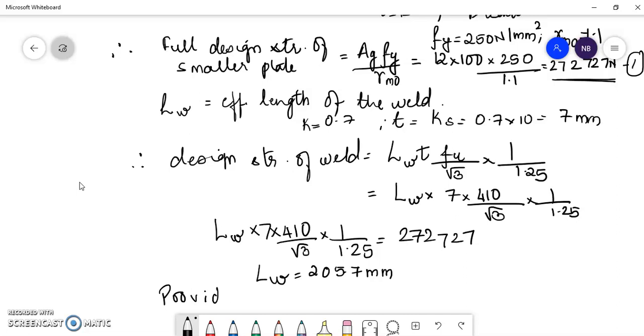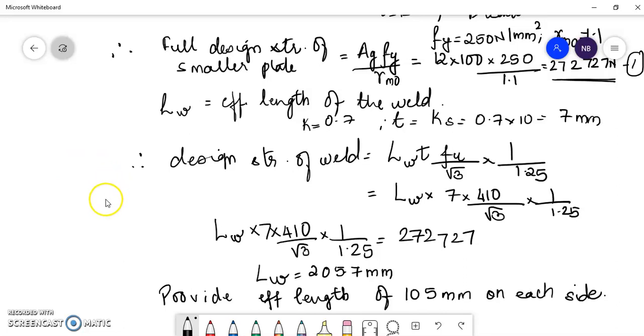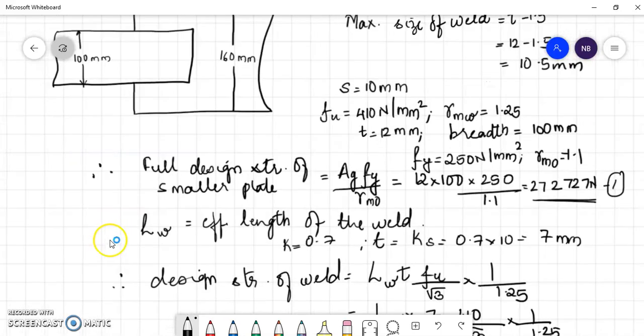So we can say provide an effective length of 105 mm on each side. So 105 plus 105 will give us 210, which is slightly more than 205 that we require.